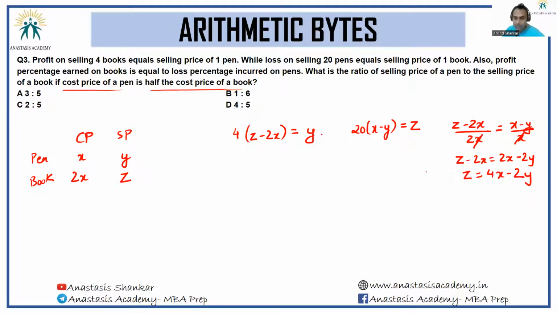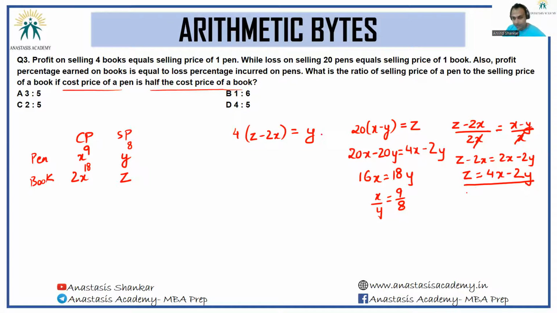Okay, I can replace this in the second expression where I'm getting 20x minus 20y is equal to 4x minus 2y, or 16x is equal to 18y, or x by y is equal to 9 by 8. So if I assign these precise numbers to x and y, my work should be okay. x is 9, y is 8. So this will be 19. Now z was given to me as what?